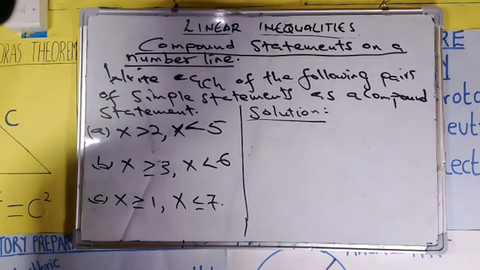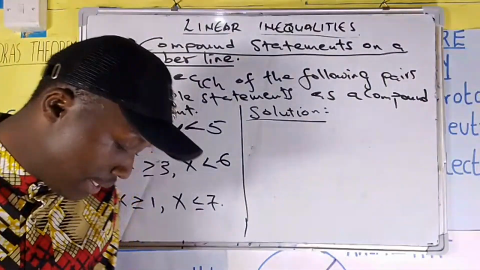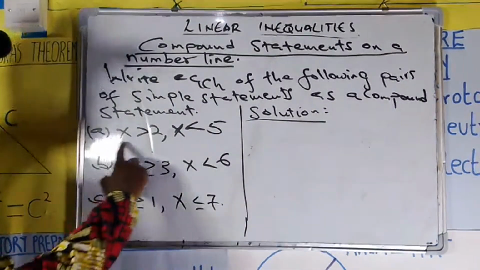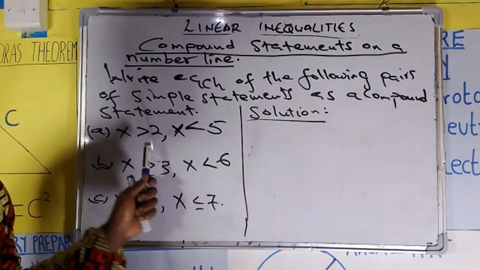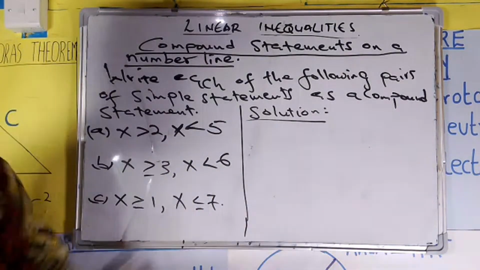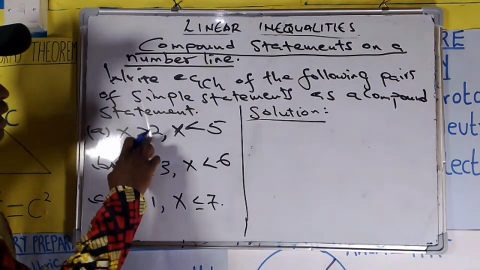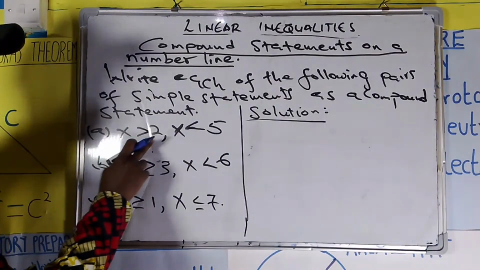Solution for such. What we are going to do is that in this scenario tunafaa tuicombine hii ikuwe kitu moja kama yenye tumefanya hapo ya kwanza. So tutakuja tuangalie x is greater than 2 na hapa x is less than 5. So tunaweza anza na hii statement.